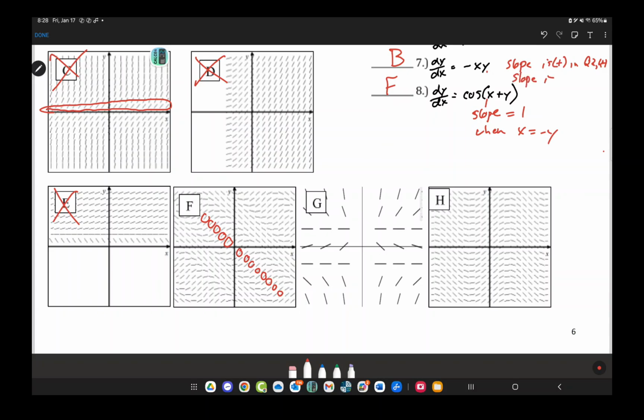Slope is negative in Q1. Yeah, that was it. So you have two methods: one for just the differential equations, and one for just the slope field.